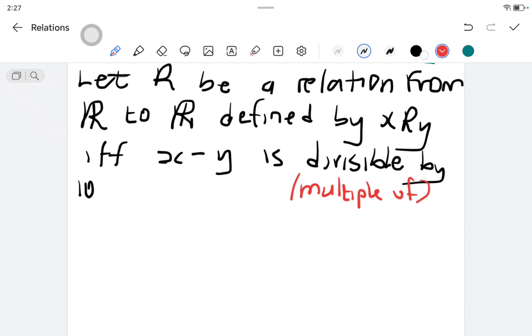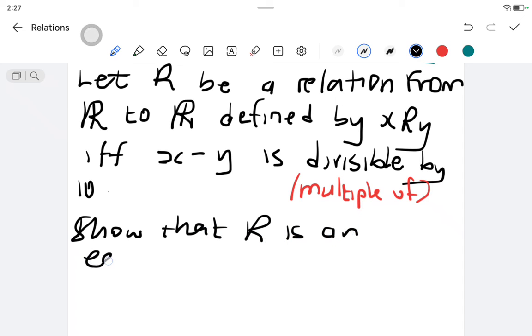Now we must show that R is an equivalence relation.